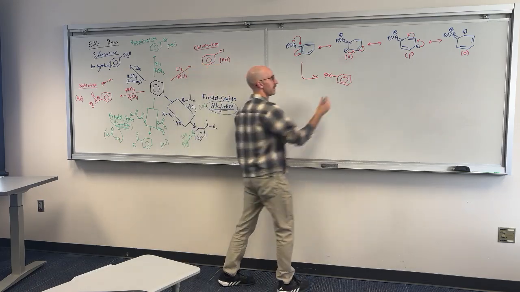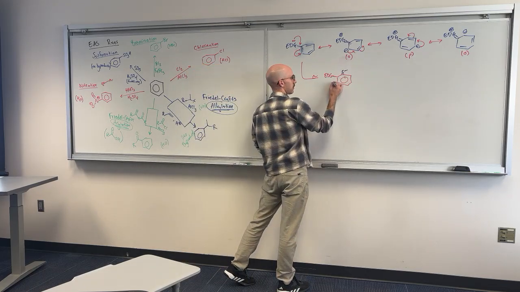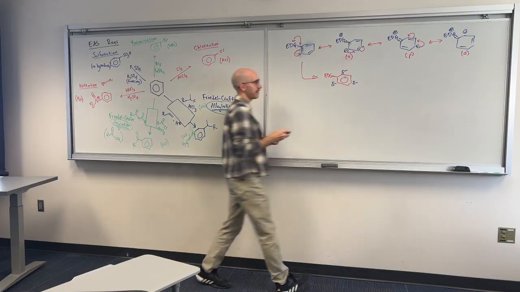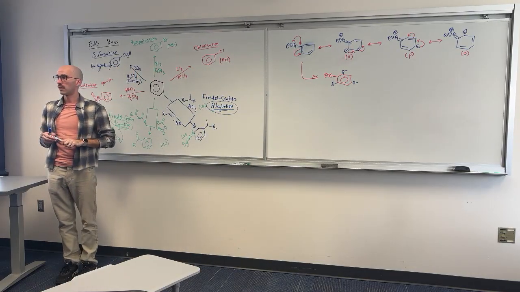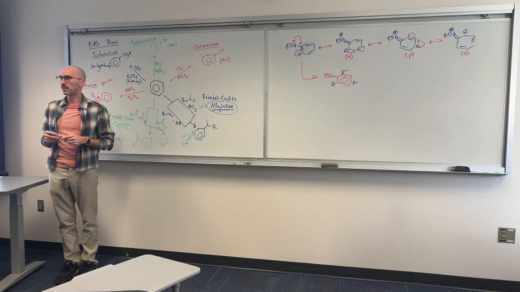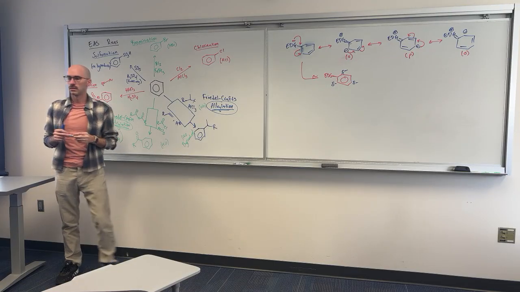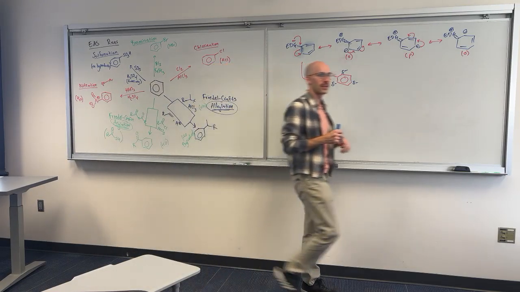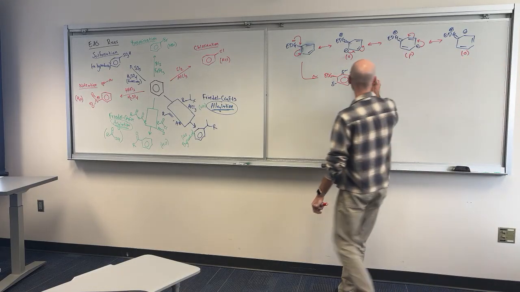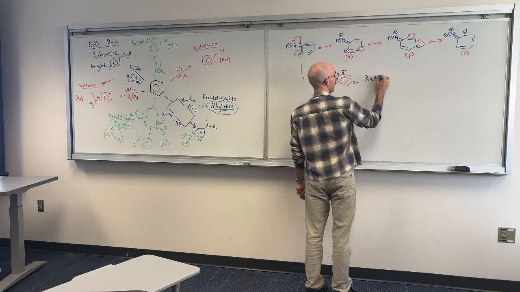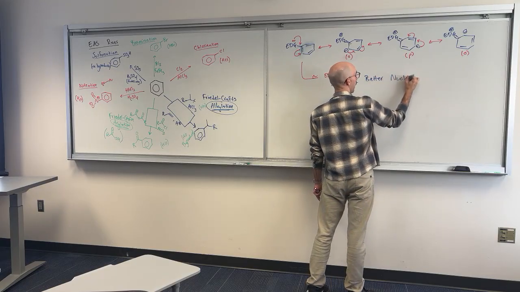There is partial negative character at the positions ortho and para to the electron donating group. So the electron donating group is an ortho-para director, and it makes the ring a better nucleophile.